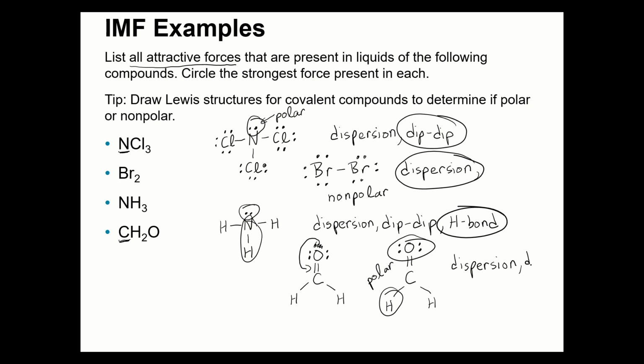So we're going to have dipole-dipole, and that is going to be our strongest force. Notice how we do not have hydrogen bonding in this last example because the hydrogen is not directly bonded to that oxygen.